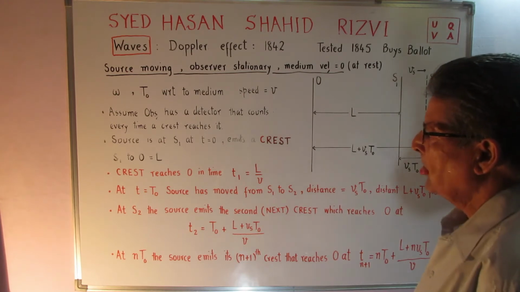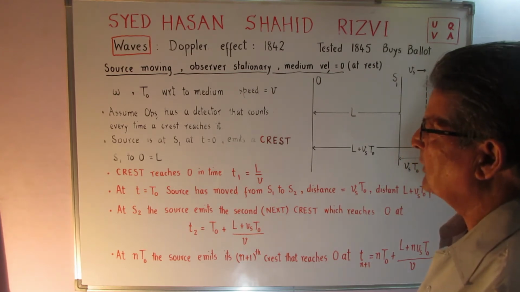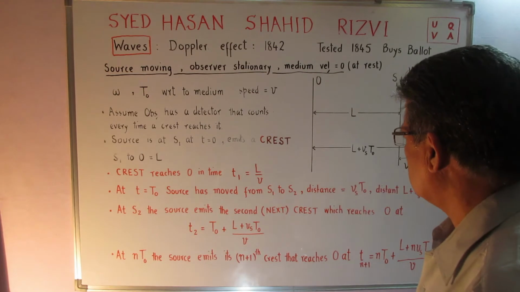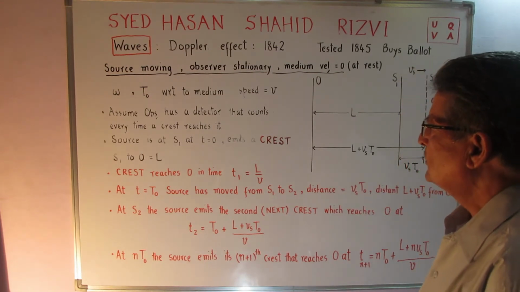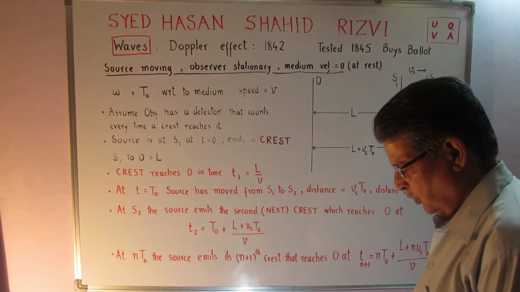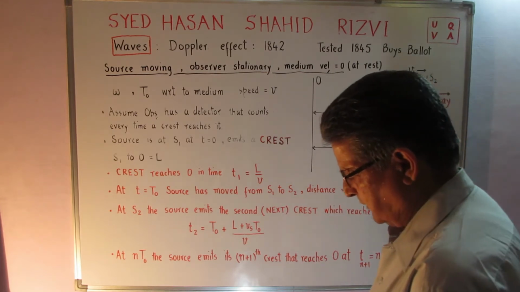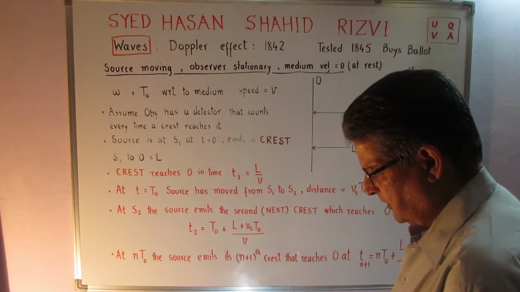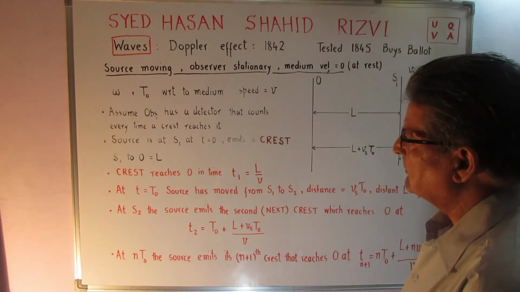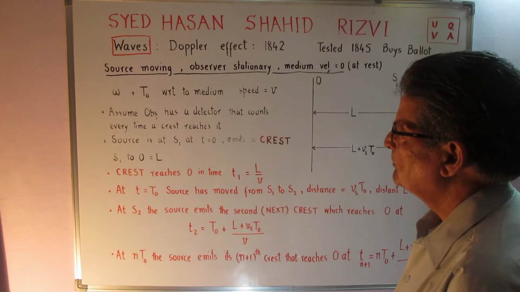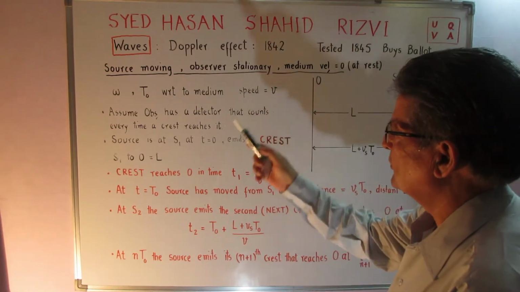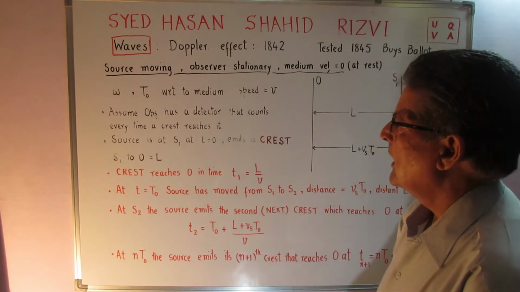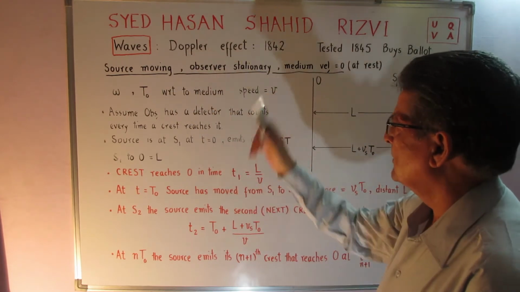And I told you that there are three separate situations which we discussed in the other lecture qualitatively, as to what will happen to the frequency observed by the observer: in one situation the source is moving and the observer is stationary, in another the observer is moving and the source is stationary, and in the third situation both of them are moving.